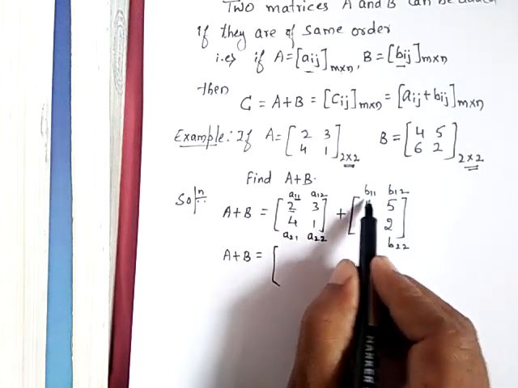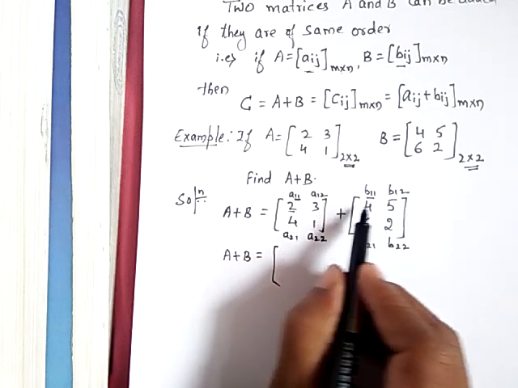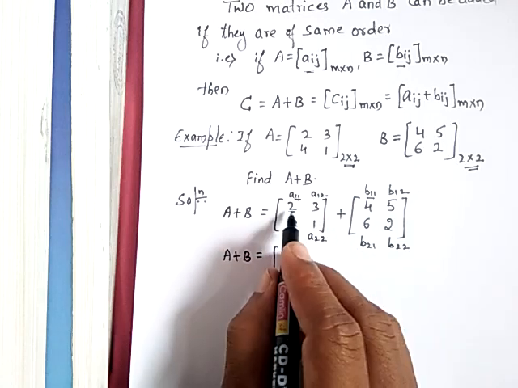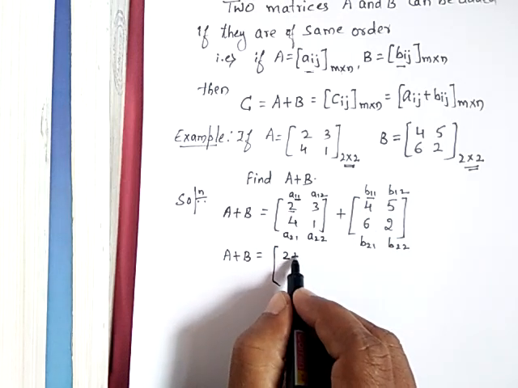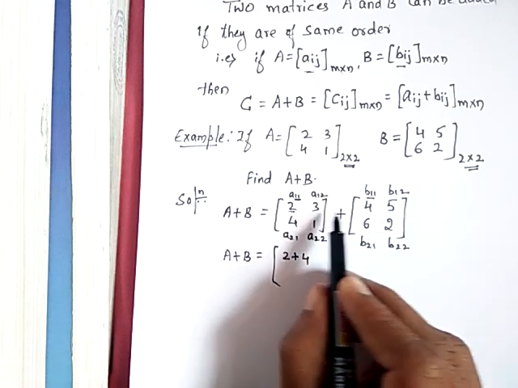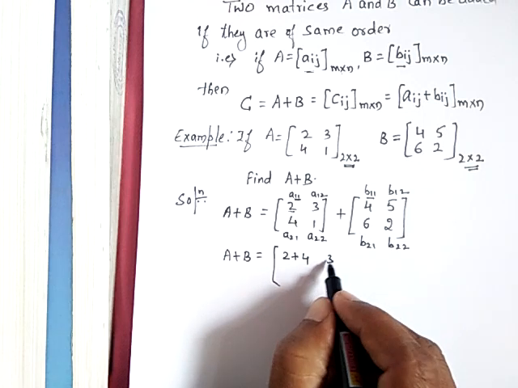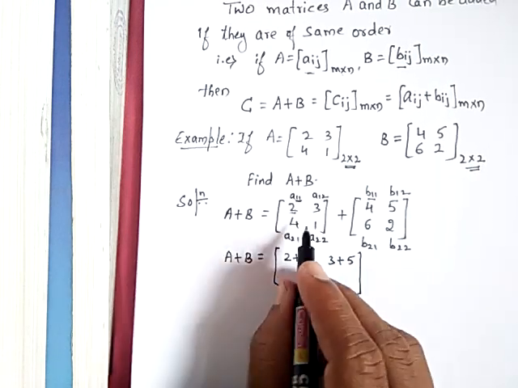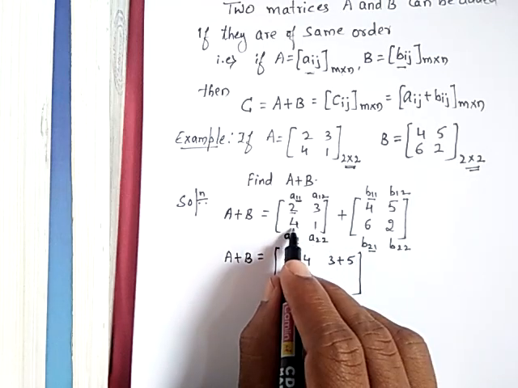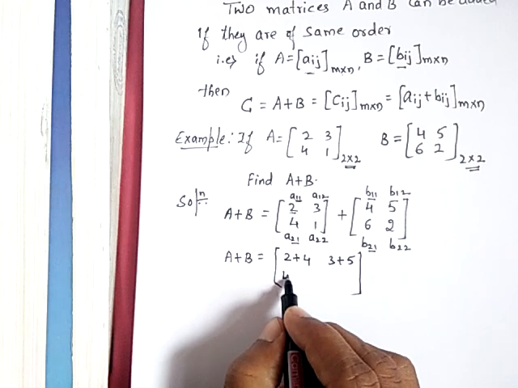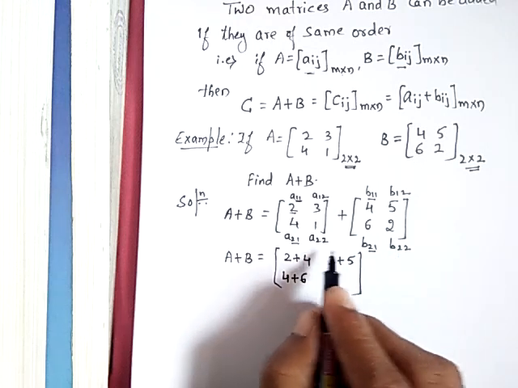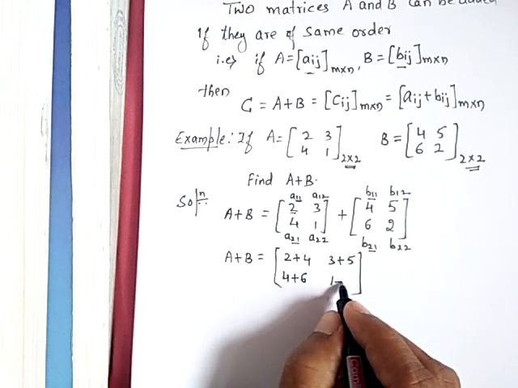So A11 and B11, same corresponding elements you have to add. So A11 plus B11 is 2 plus 4. Next A12, B12: 3 plus 5. Next A21, B21: 4 plus 6. Next A22, B22: 1 plus 2.